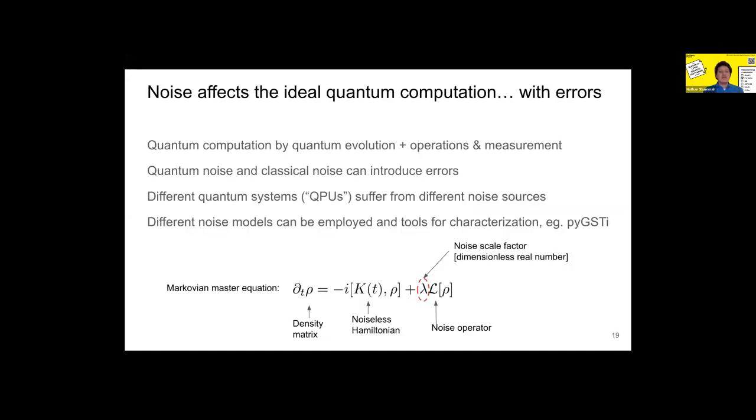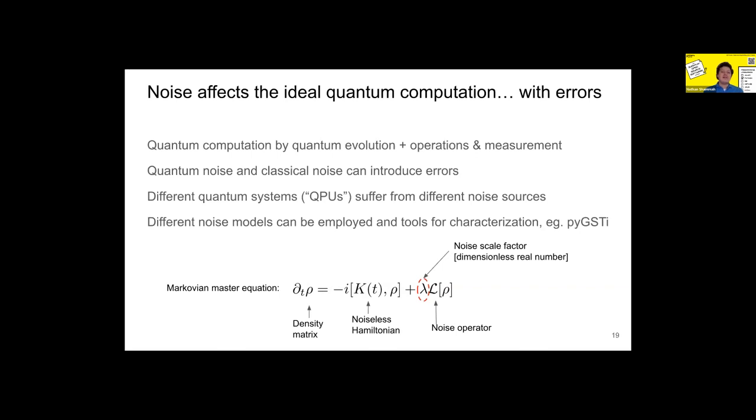So, summarizing this first part of the talk: noise affects the ideal quantum computation with errors. Quantum computation is provided by quantum evolution, which entails operations, but also measurement.